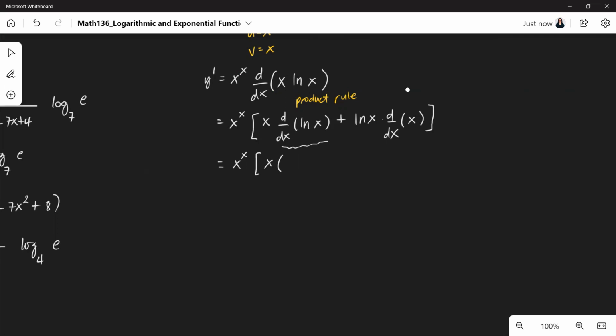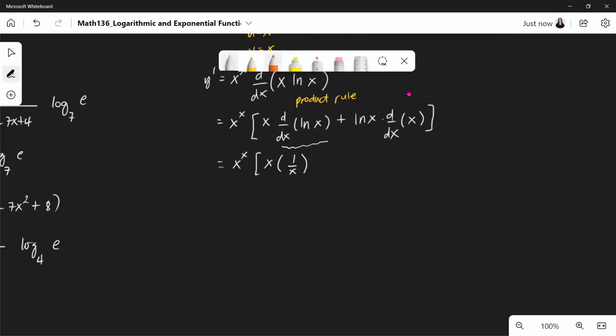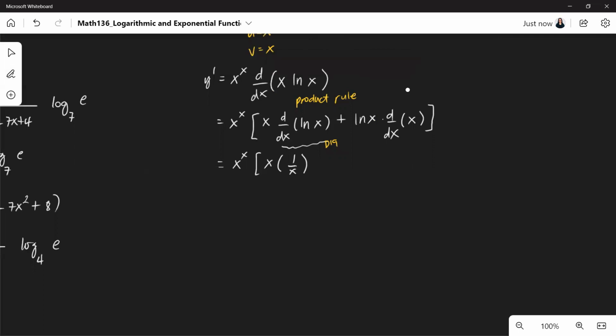Okay, so basically 1 over x, and then derivative of x is just equal to 1. So 1 over x times 1, or just 1 over x. Okay, so again, this is by using D19. Okay, then plus ln of x multiplied by derivative of x with respect to x is just equal to 1.